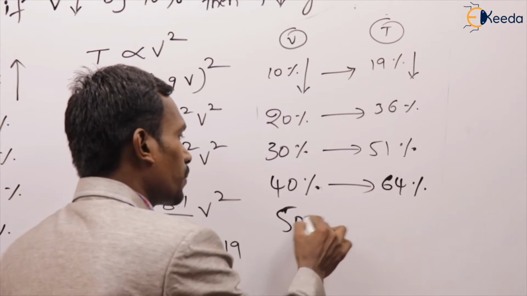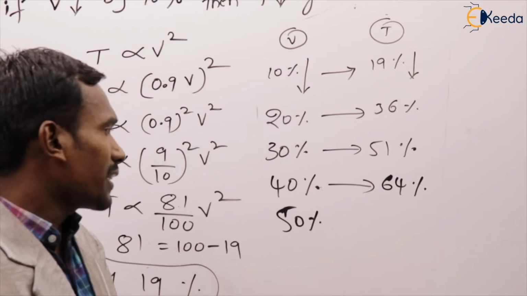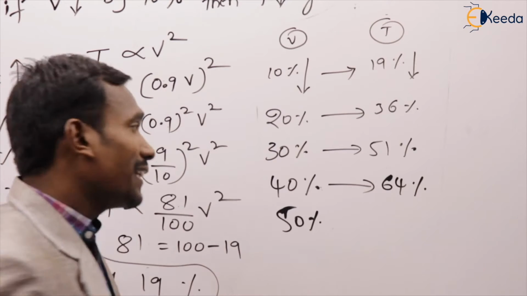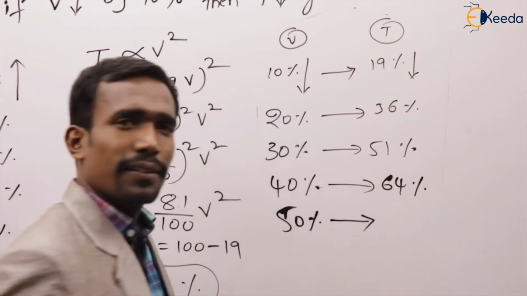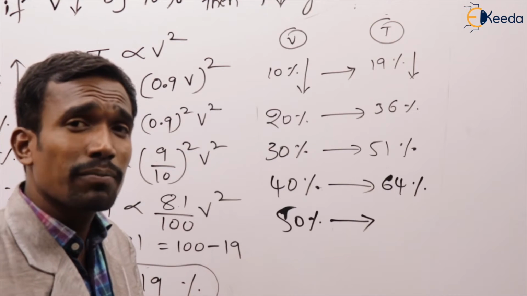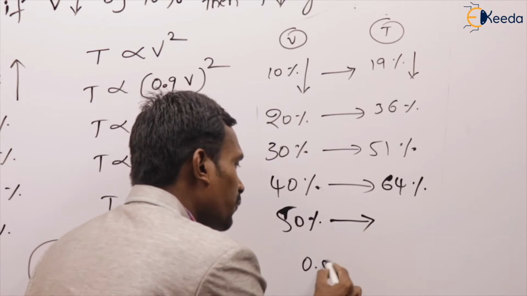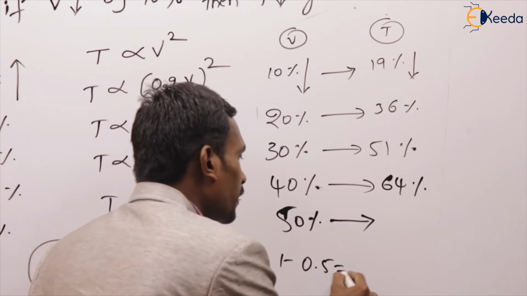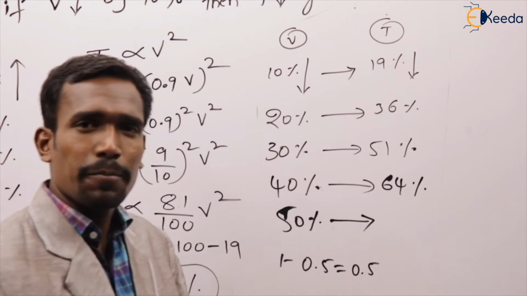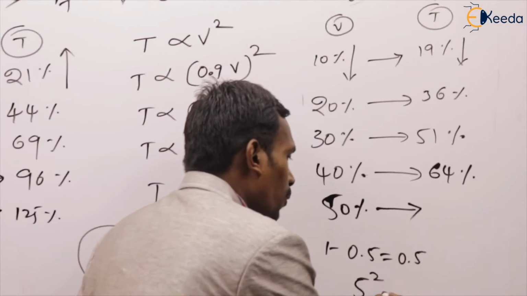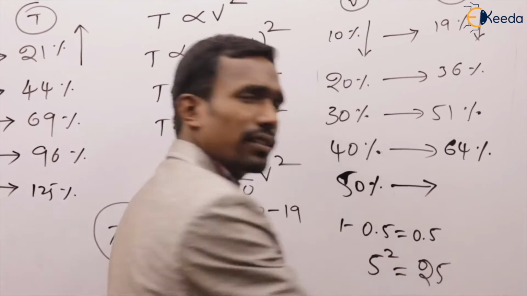If voltage reduced by 50%, then 1 minus 0.5 is equal to 0.5 only, nothing but 5 square. What is 5 square? 25.